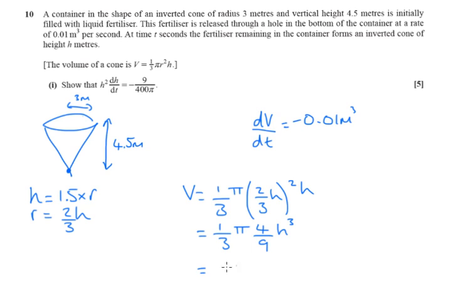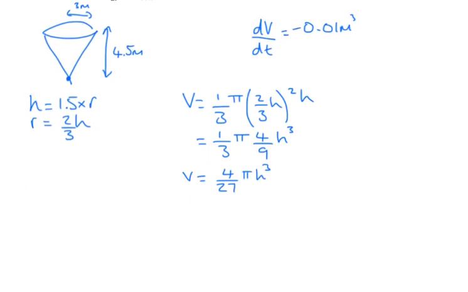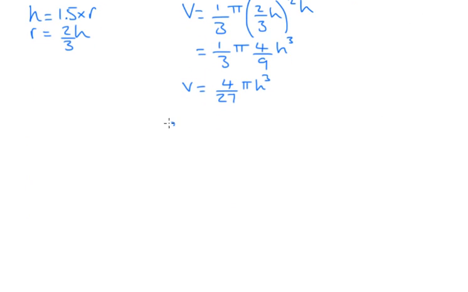So that can be written as 4 over 27 pi h cubed. So what that means we can do is now write down the relationship between the change in the volume with respect to the height. In other words, differentiate this.